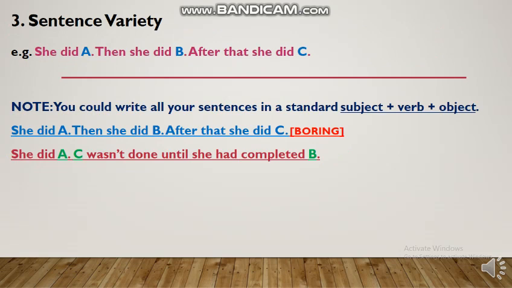You try different varieties of sentences. Why? The main reason is to avoid boring writing. That's why we try to use different sentence structures, like the second one: she did A, C wasn't done until she had completed B.